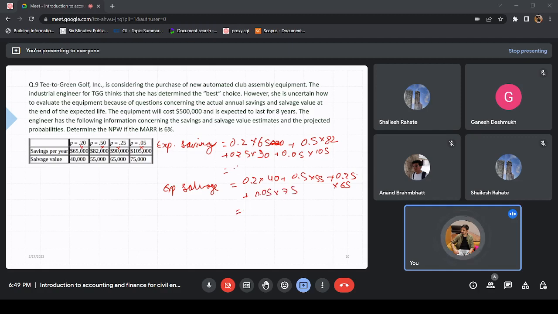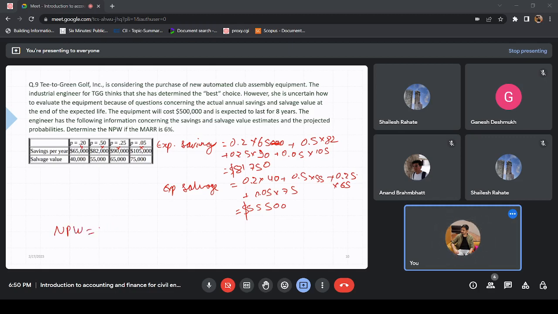Okay, so this comes around 81,750. So we will write 81750, and similarly this will come around 55.5. So yeah, 55,500.